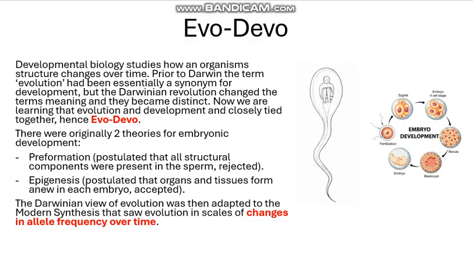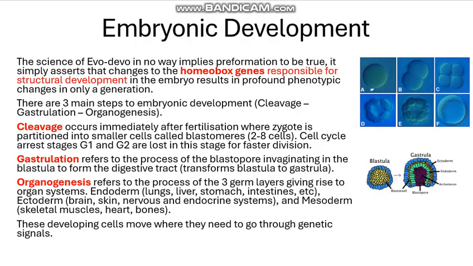The Darwinian view of evolution was then adapted to the modern synthesis, in which we saw evolution in terms of changes in allele frequency over time, rather than just observation of adaptations being selected through natural selection. The science of Evo-Devo in no way implies preformation to be true.